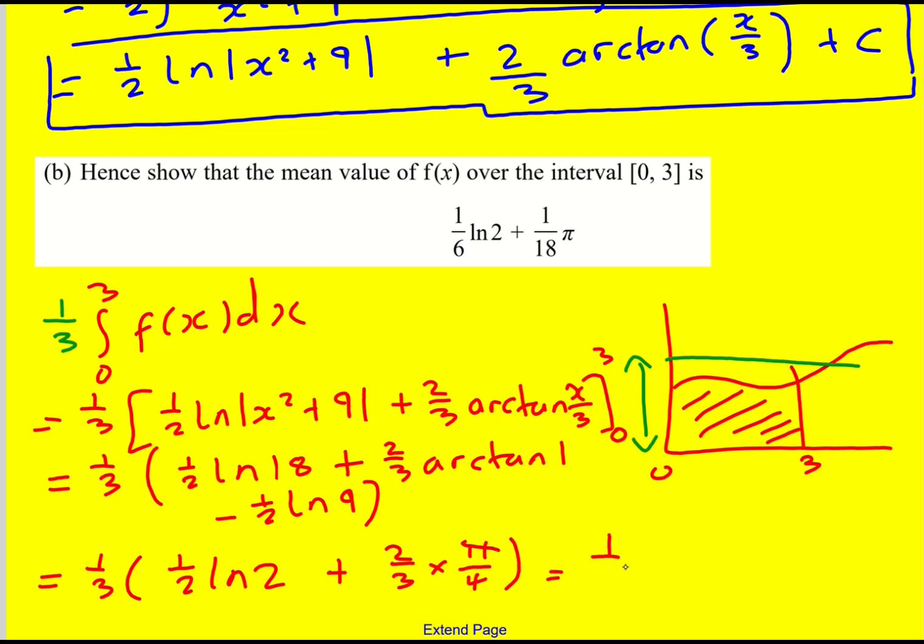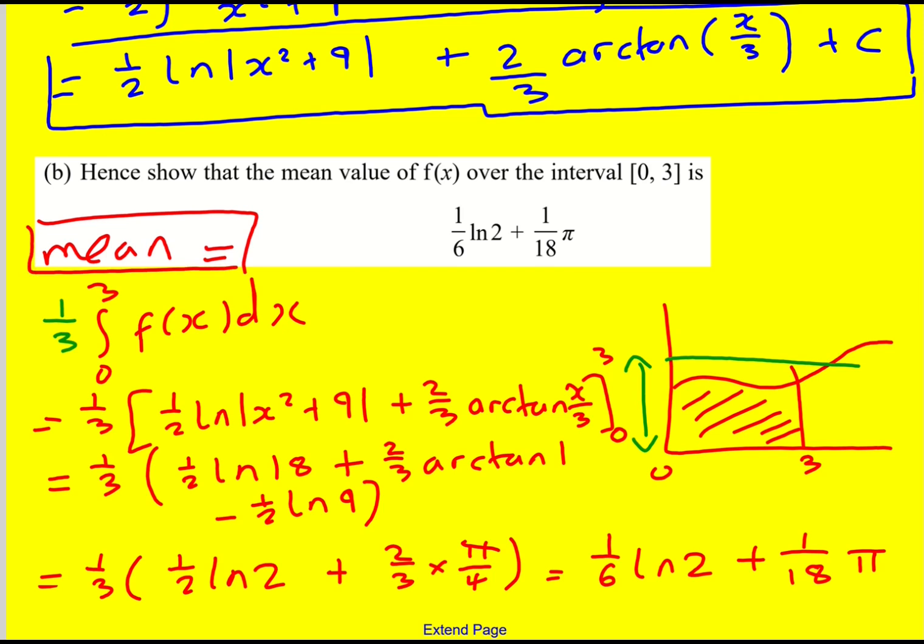And I think we're there. 1/6 ln 2. A third, that becomes pi over 6 times a third, pi over 18, or 1 over 18 pi as they've left it. So the mean equals this, then this.